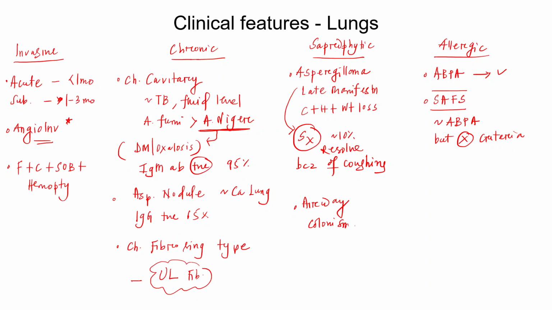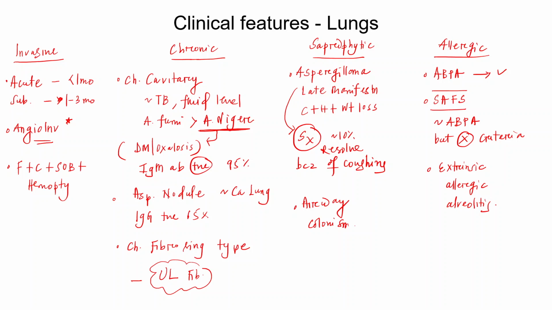Criteria will be seen subsequently. SAFS is the term used when the features are very much similar to ABPA, but the criteria of ABPA is not fitting. Then the last one is extrinsic allergic alveolitis. So these are all the different types of manifestations of Aspergillus lung.